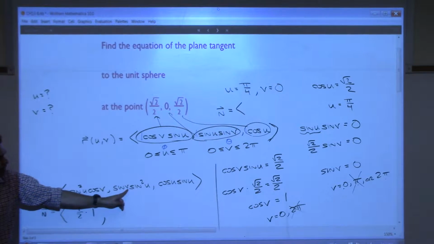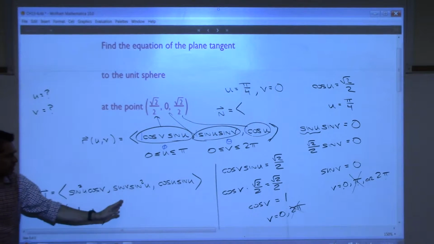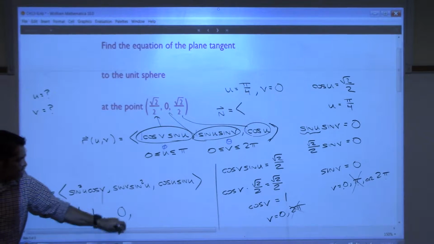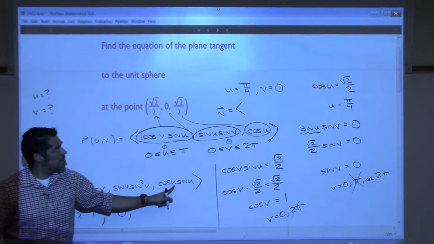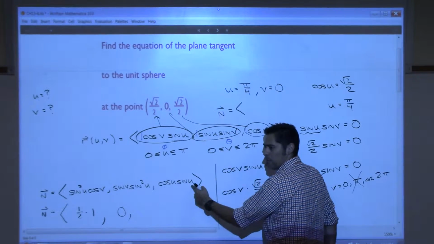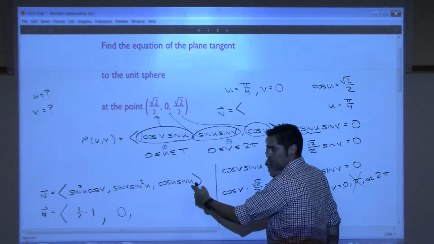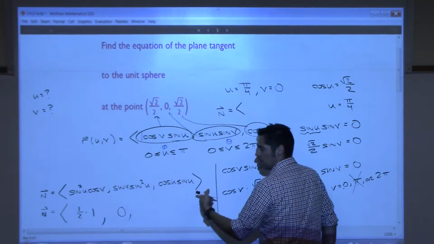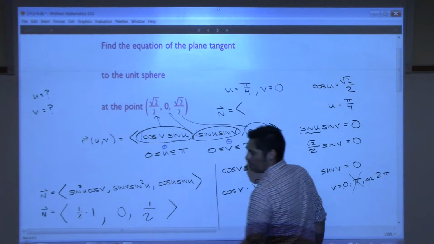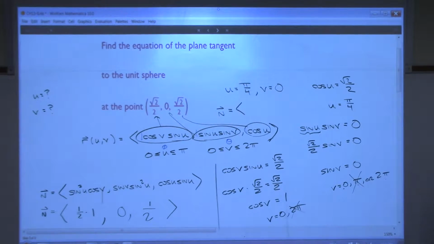What's sine of 0? 0, that's all gone. What's cosine of pi over 4? Root 2 over 2. What's sine of pi over 4? Root 2 over 2. So root 2 over 2 times root 2 over 2? 1/2 again. There's our normal vector.